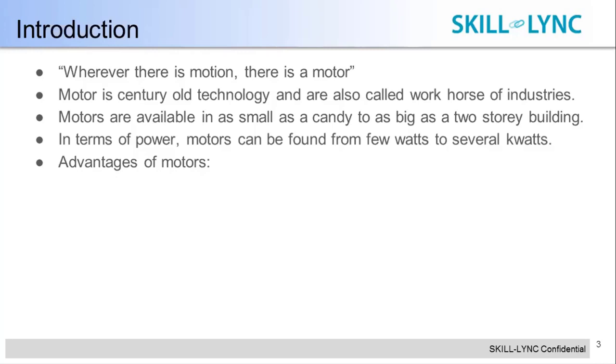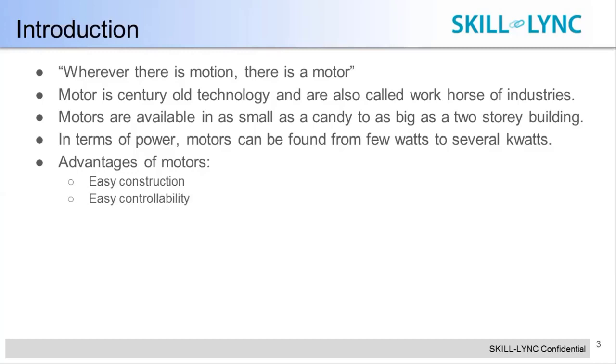But one thing, if you see why these motors are so widely used, there has to be some very significant advantages of motors over other systems which can produce motion. So why are only motors being preferred? The primary reason is that over a century, motor technology has evolved and matured a lot. Their construction is quite easy as compared to other movable systems.